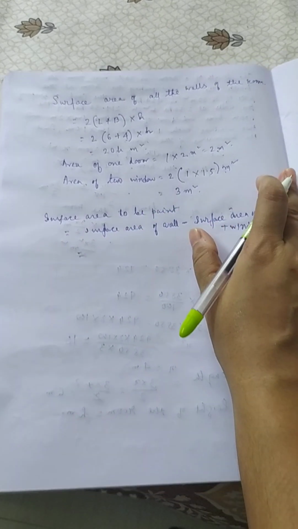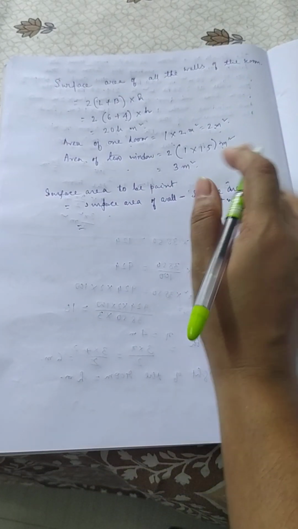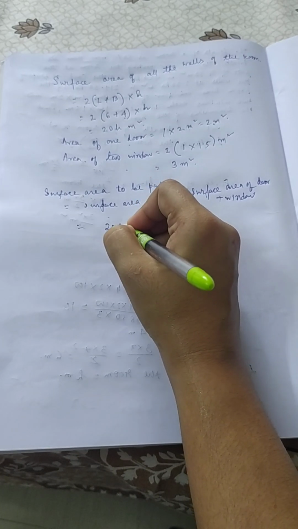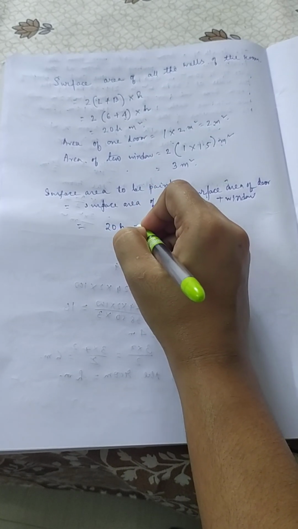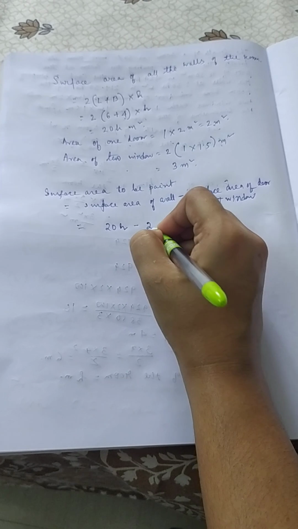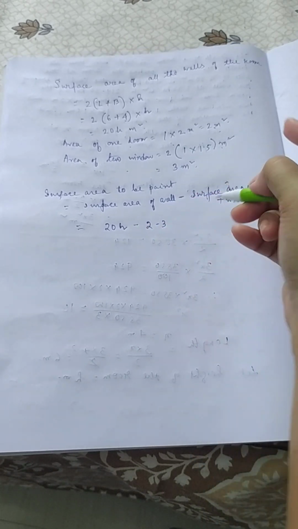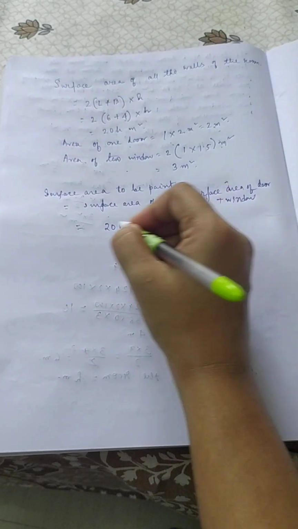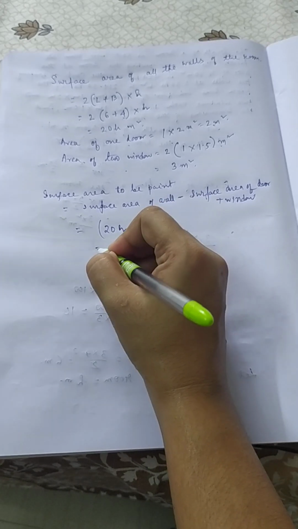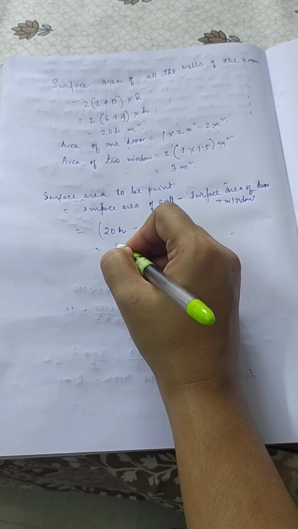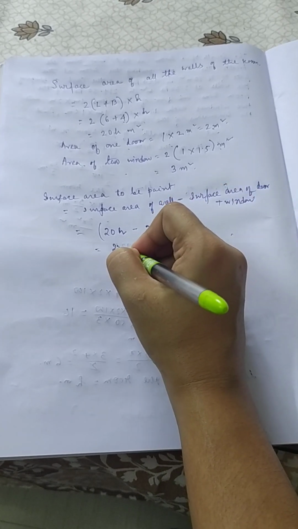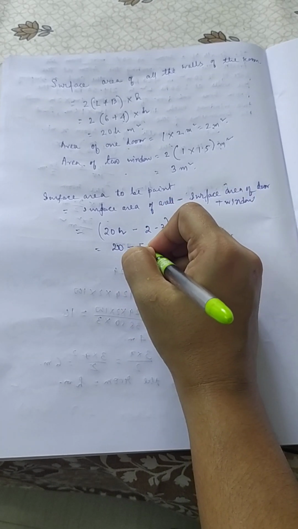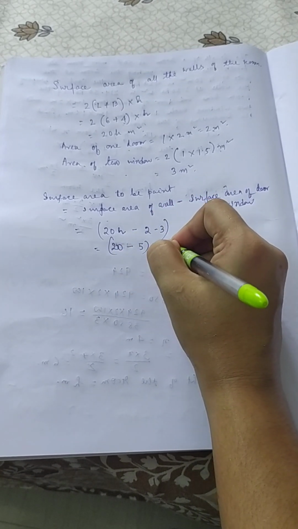So surface area of the wall we have already found out, that is 20h, and it will be 2 minus 3, door and 2 windows, so minus 5, that is 20h minus 5 meter square.